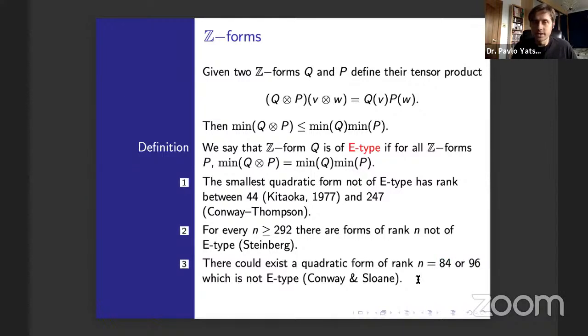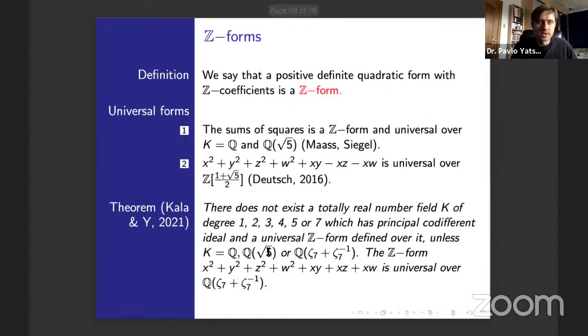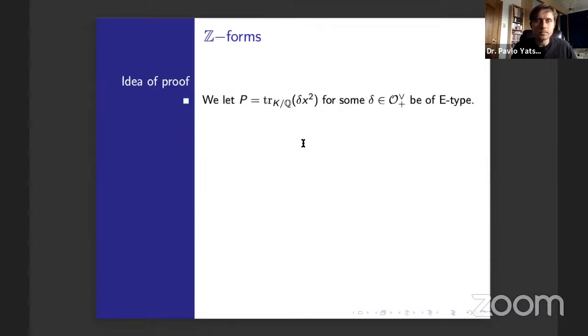So let me just finish now by giving the idea for the proof of the theorem, which is not too far different from what I mentioned before. So we consider a positive definite quadratic form.